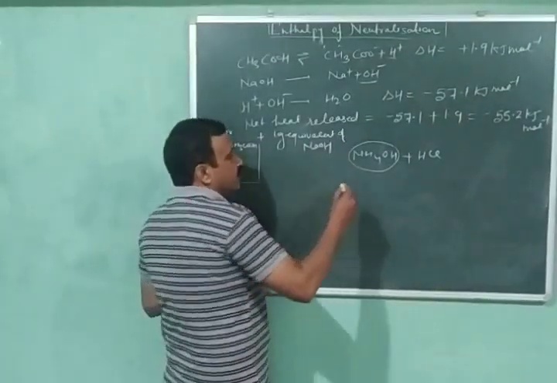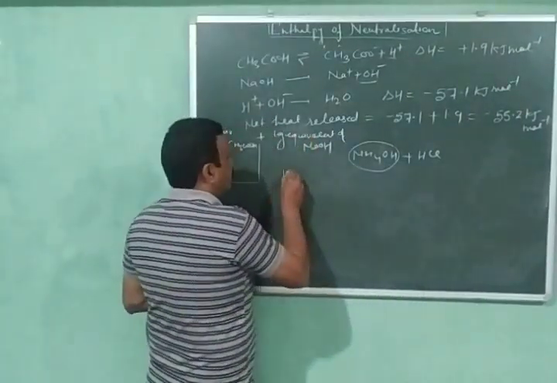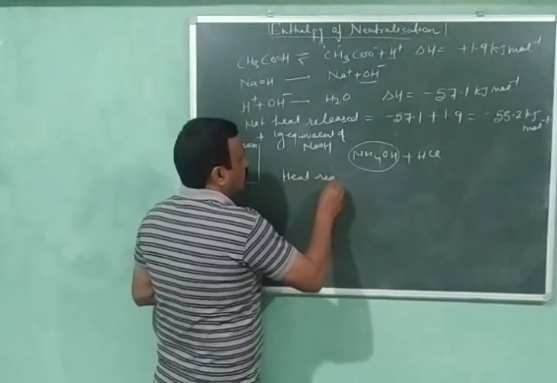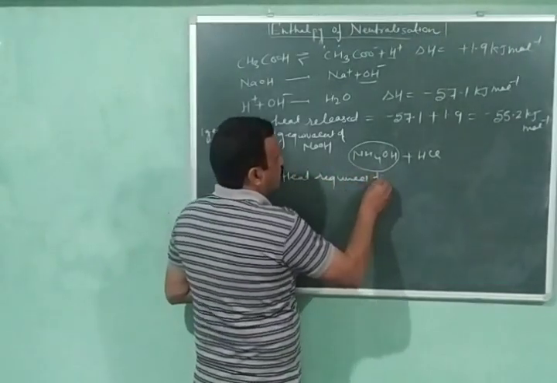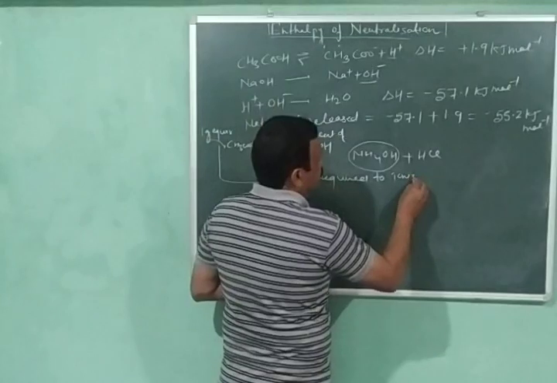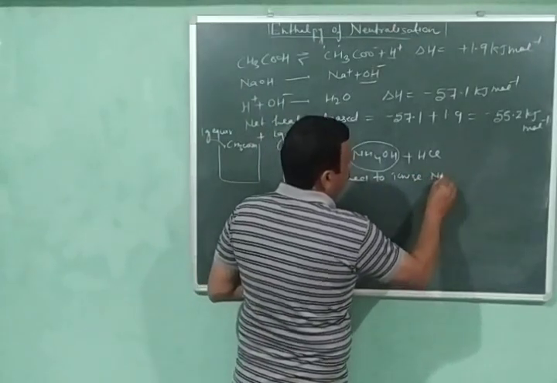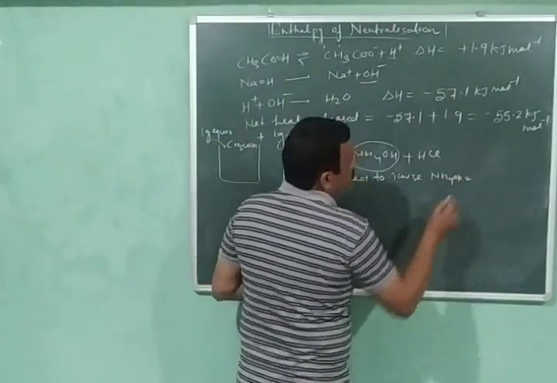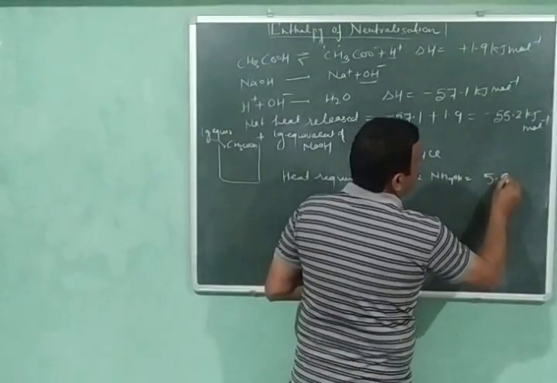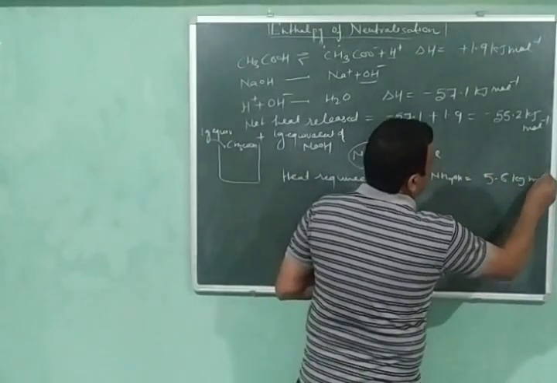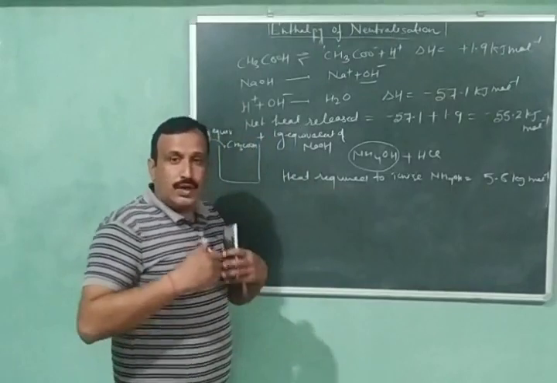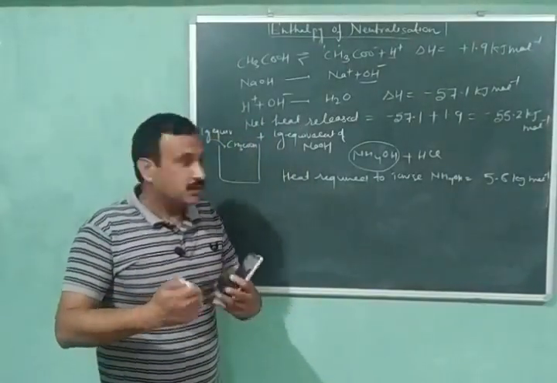and in this case the heat required to ionize ammonium hydroxide is equal to 5.6 kilojoule per mole. Then what will be the amount of heat we get?